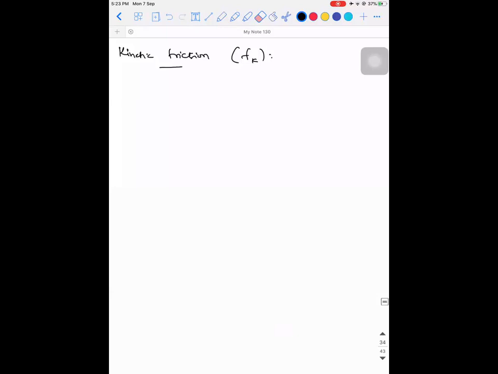So write it down. Kinetic friction. It is the frictional force that comes into play when the object is moving.